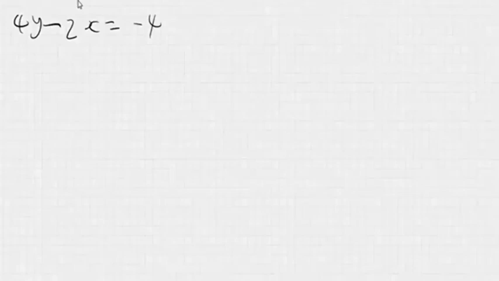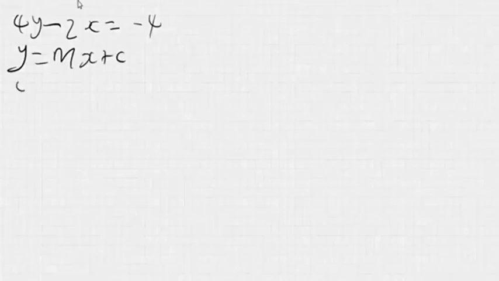Firstly, we need to use the equation for a straight line graph. So make this equation here standard, because we have treated this topic before. The standard equation is y equals mx plus c. So when you make this equation look standard like this, you're going to have 4y equals 2x minus 4, as the -2x will cross over the equality sign.